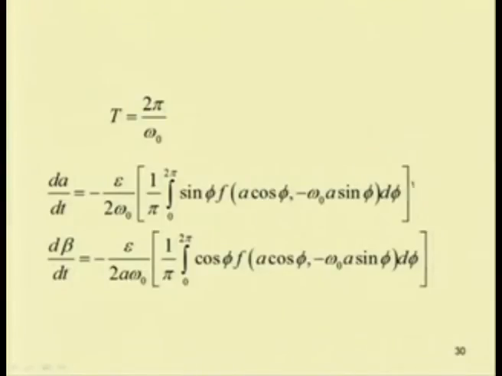So, dA by dt will be equal to minus epsilon by 2 omega 0 into 1 by pi integration 0 to 2 pi sin phi f(a cos phi minus omega 0 a sin phi) d phi. Similarly, d beta by dt will be equal to minus epsilon by 2 a omega 0 into 1 by pi integration 0 to 2 pi cos phi f(a cos phi minus omega 0 a sin phi) d phi.